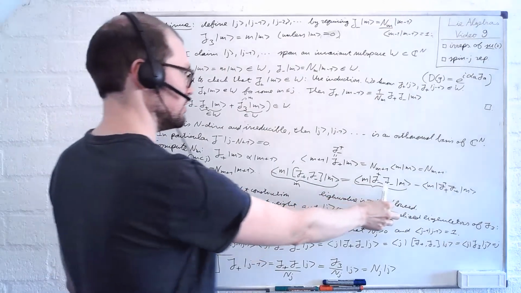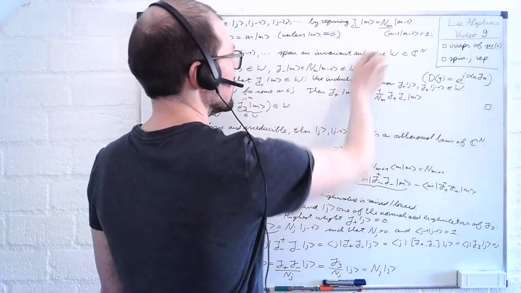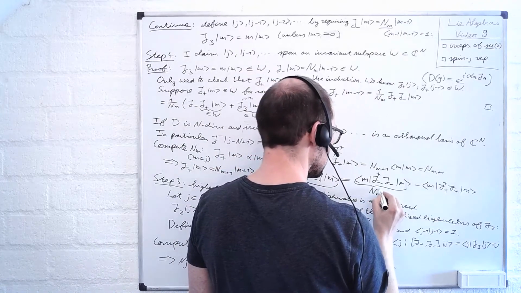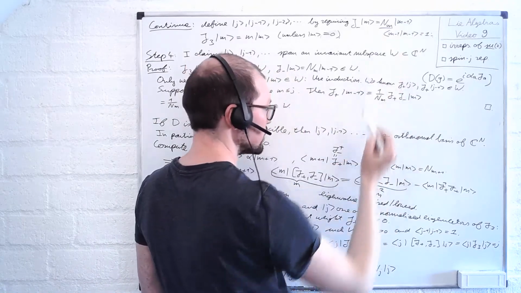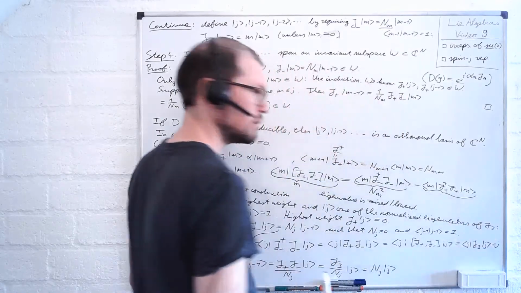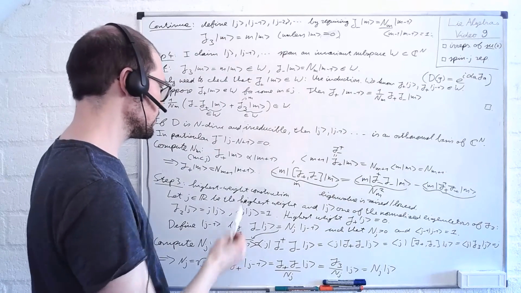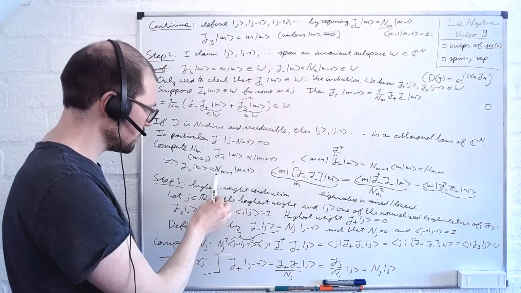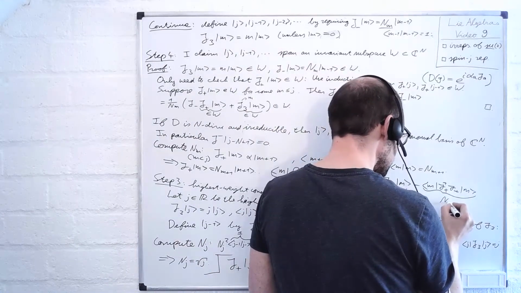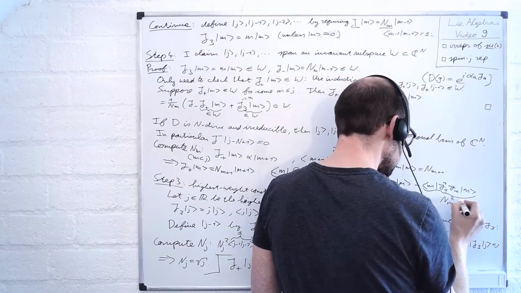But okay, the norm of j minus acting on this is just going to be n m squared by our definition here, while the norm of j plus acting on this vector m by our formula here is going to be n m plus 1 squared. So this is n m plus 1 squared.